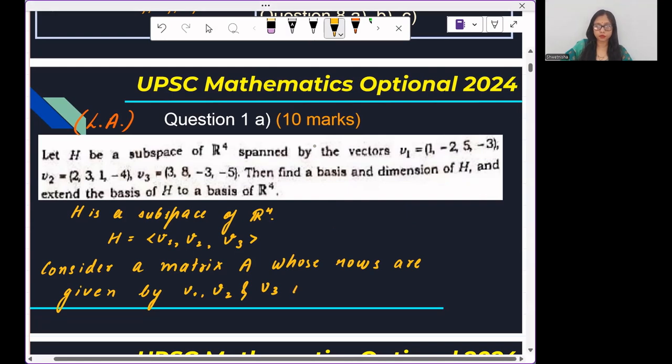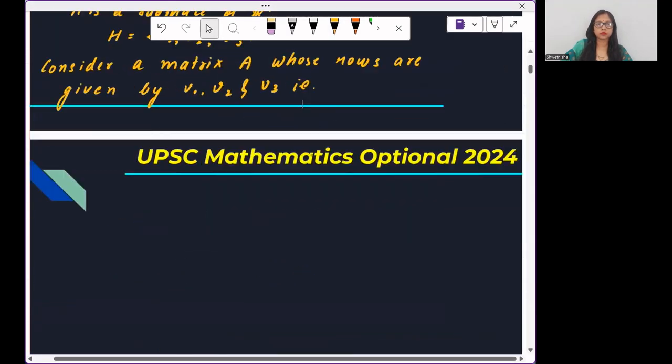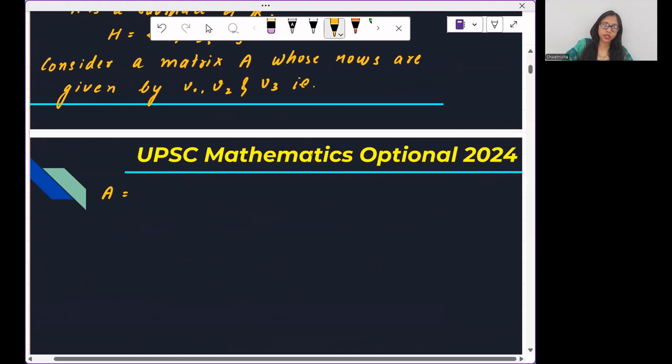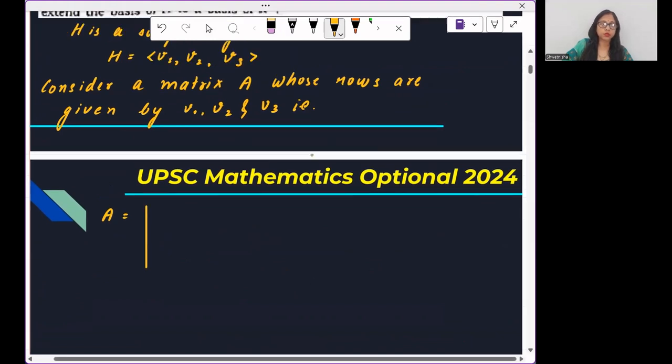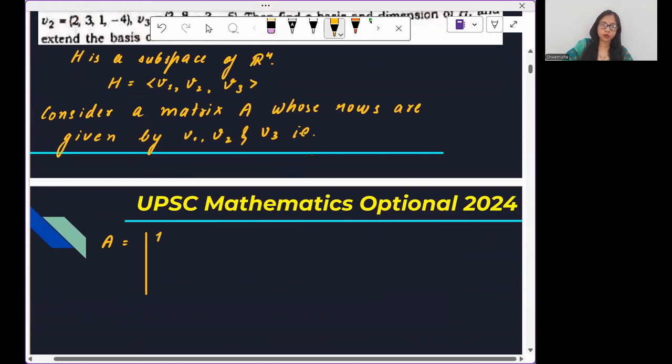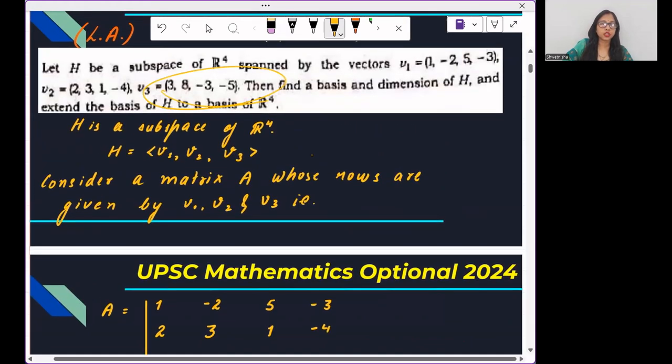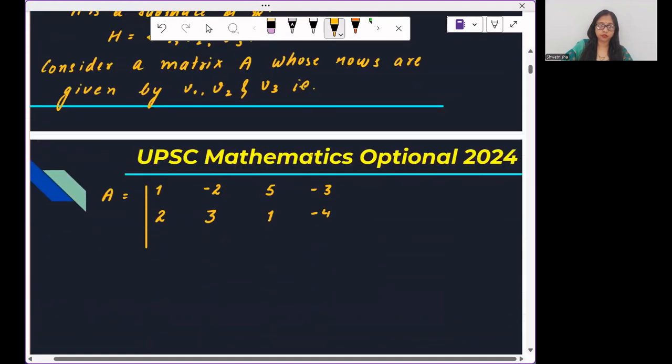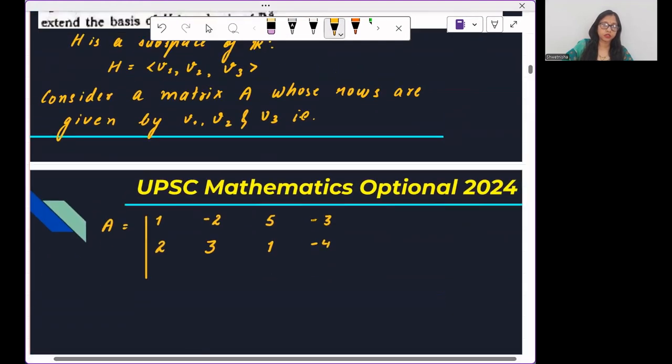That is, capital A will be equal to, so what are the vectors we have? 1, -2, 5, -3, 2, 3, 1, -4. And the last is 3, 8, -3, -5.